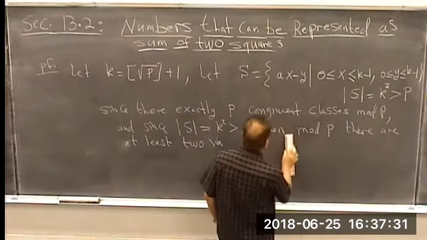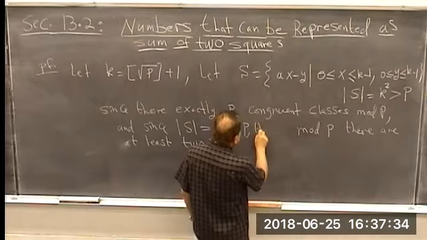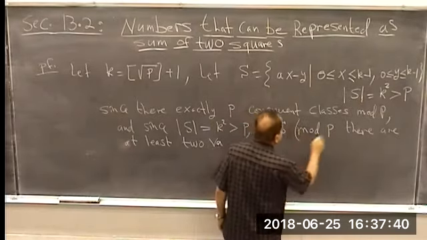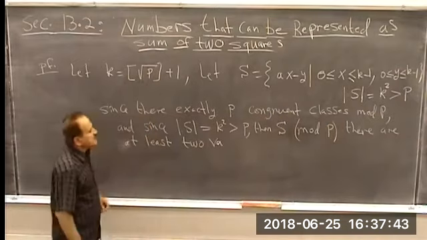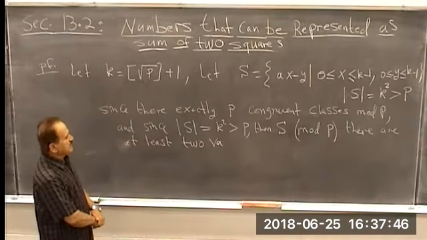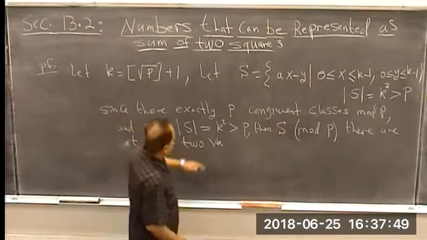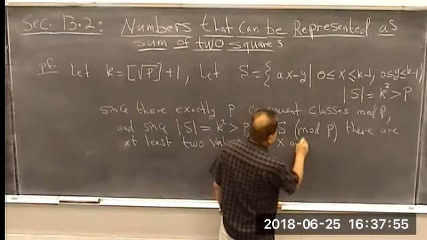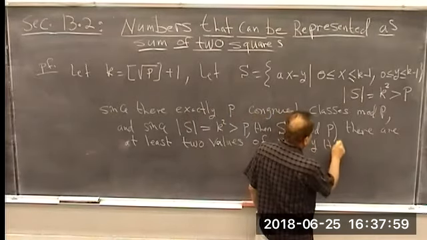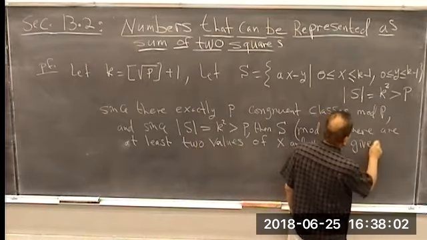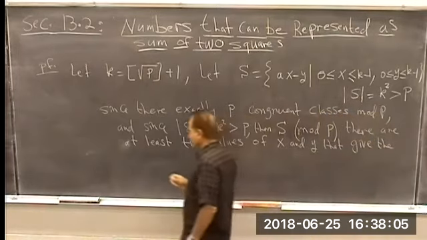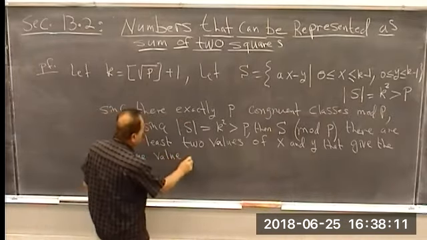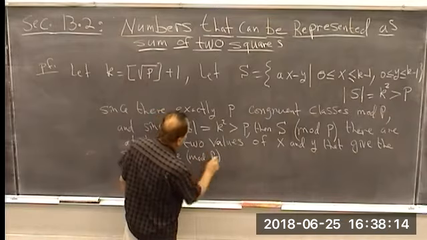Let me actually put S in here. We take the elements in S and do mod p, then there are at least two values of x and y that give the same value mod p. What does this mean?